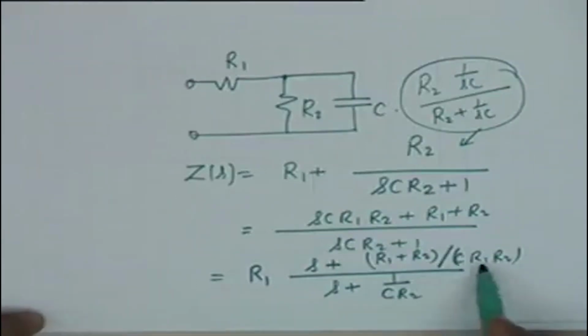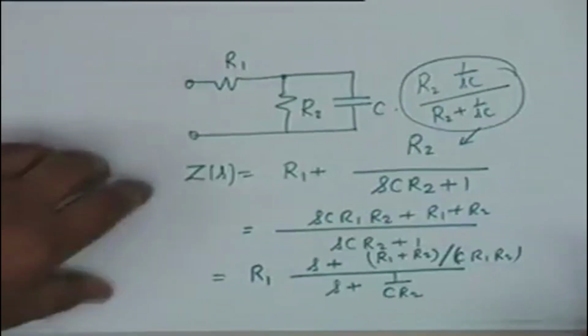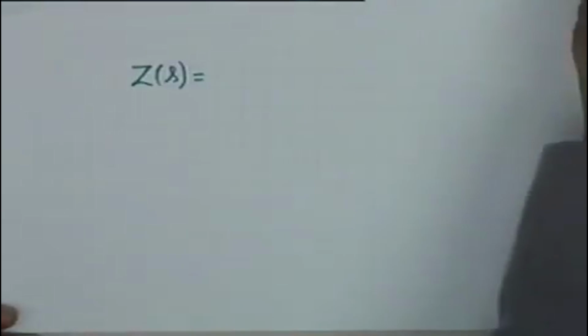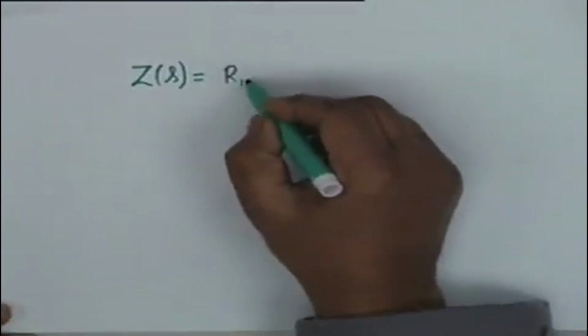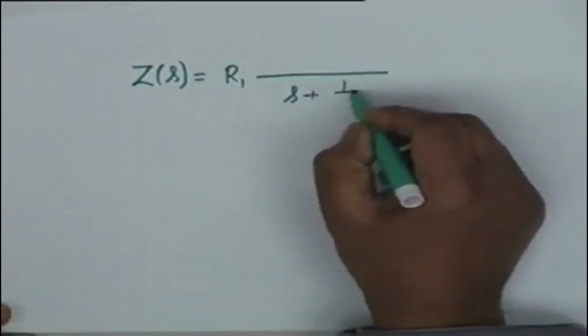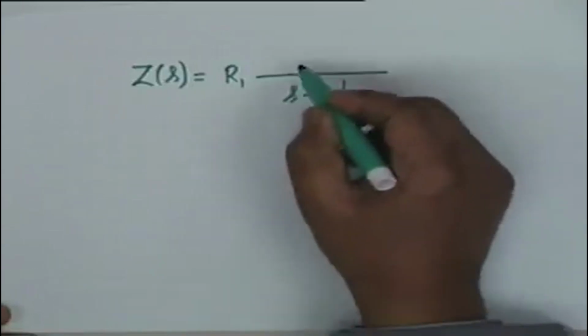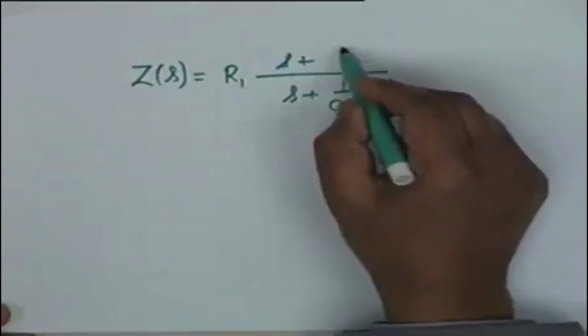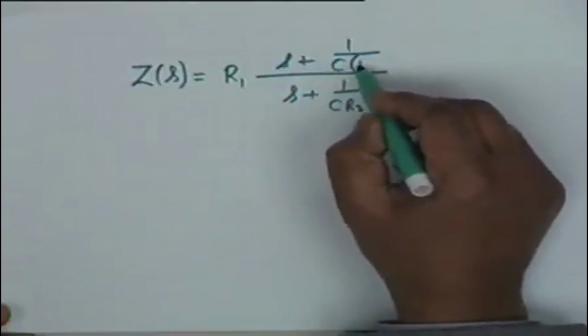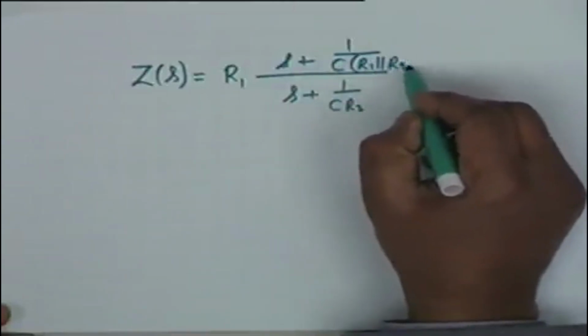Now you notice that R1 R2 divided by R1 plus R2 is the equivalent resistance of R1 and R2 in parallel, and therefore I can write it in a somewhat more decent form as R1 times S plus 1 over C R1 parallel R2, over S plus 1 over CR2.